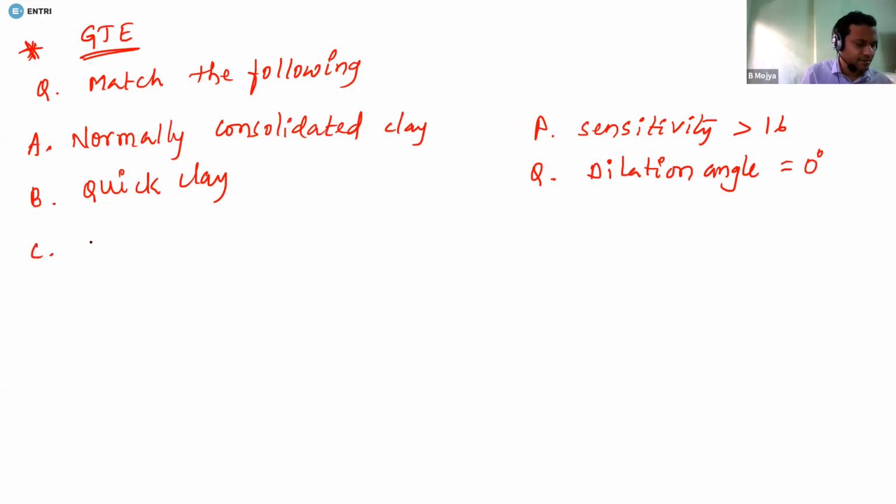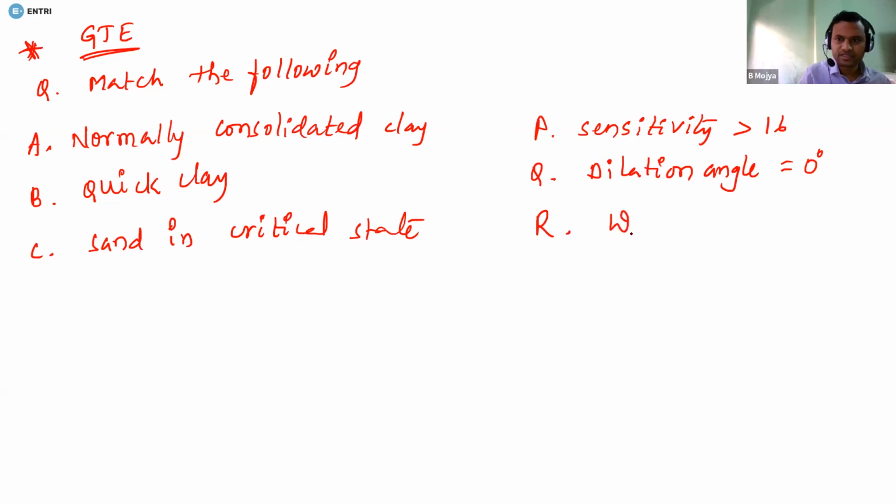C is sand in critical state, and R is liquid limit greater than 50%.